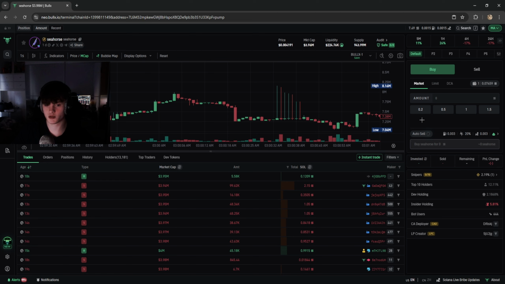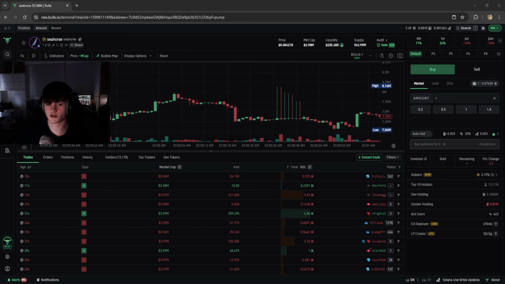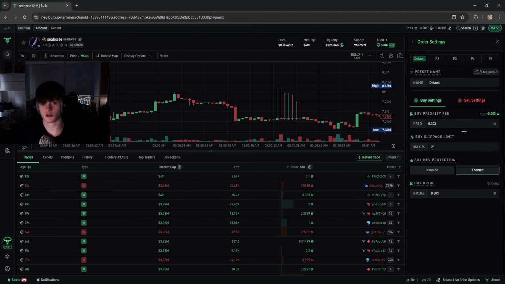So MEV protection keeps those transactions private, so the bots cannot see them on the blockchain, and it keeps those transactions hidden. MEV as a whole is less likely on tokens in Pump Fun rather than on Raydium, as well as selling. There's not really a lot of MEV bots that will MEV you for selling, but it can happen. I just keep it off for sell. So yeah, that's all for MEV.